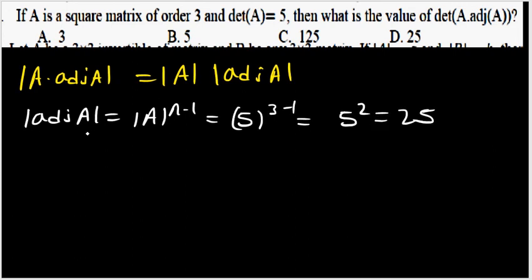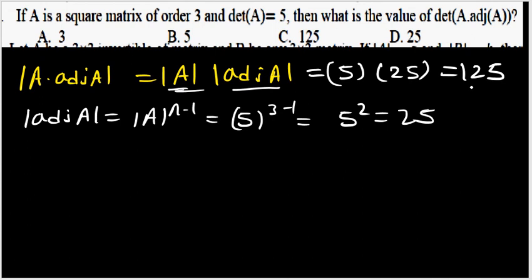This is the determinant of adjoint of A. Therefore what we are looking for here is the determinant of A, given 5, multiplied with the determinant of adjoint of A, 25. When you multiply, it's going to be 125. So the answer is A.